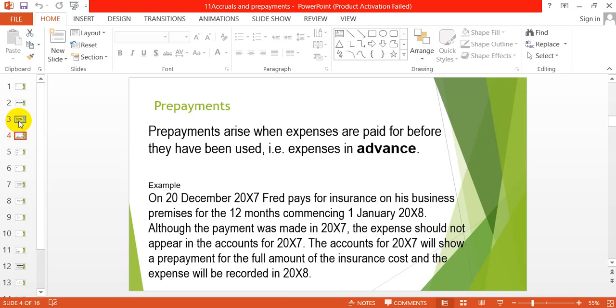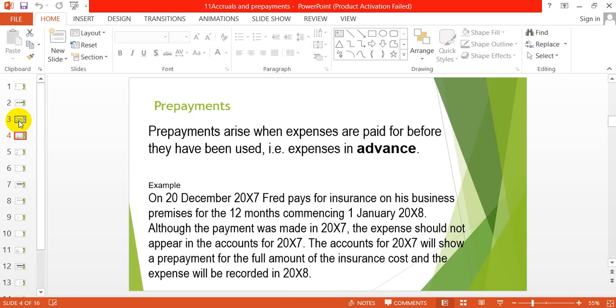To illustrate, we have Fred, who pays for insurance for his business on 20 December 20X7, and pays for the 12 months commencing January 20X8.